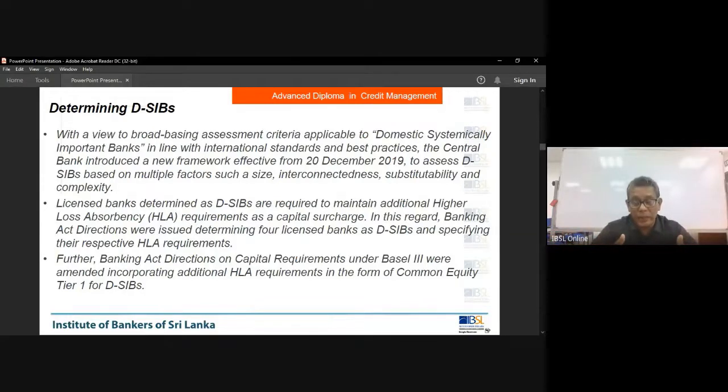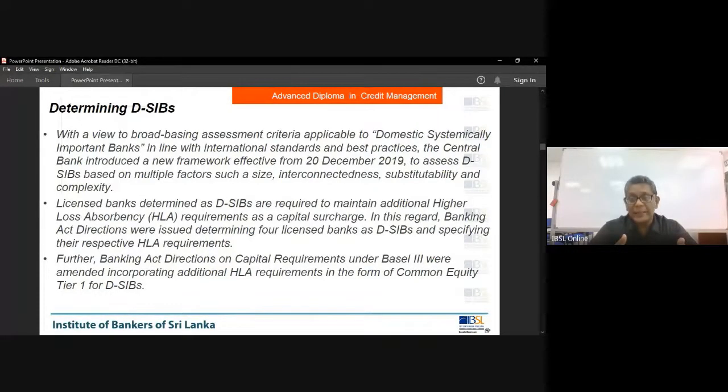Before, in December 2019, we had I think six domestically systemically important banks. They were identified based on the asset base, right?